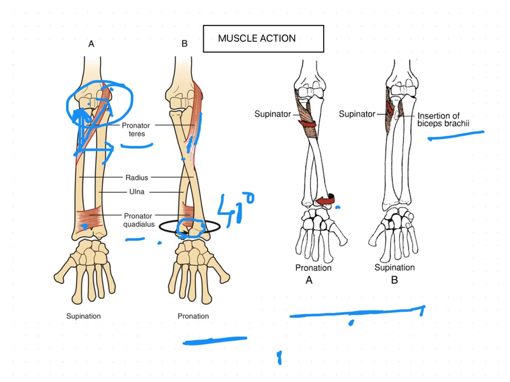When the biceps is going to be involved in supination, that means when there is a resisted movement, then the activity of the biceps is involved. And also during fast supination, especially when the elbow is flexed to 90 degrees. In these two conditions, the biceps is going to help the supinator muscle.